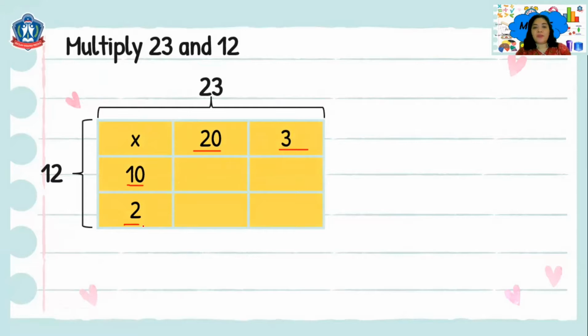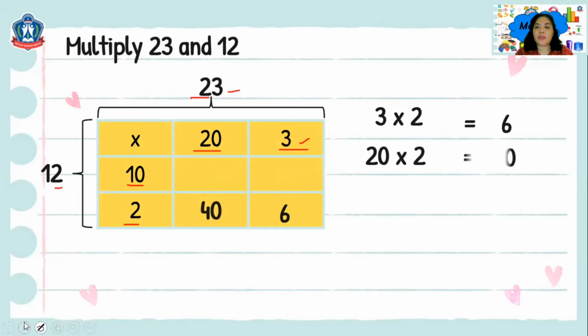Now, remember, if we multiply, we will start from the 1. So, let's multiply 23 by 2 first. So, let's start with 3. So, 3 times 2, that one will give us 6, right? So, let's put 6 here. Next is 20 times 2. What is 20 times 2? Yes, 40. So we have 40.